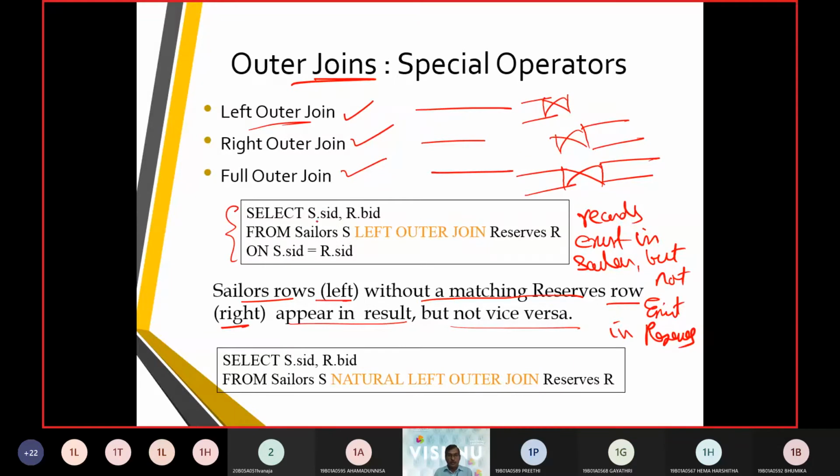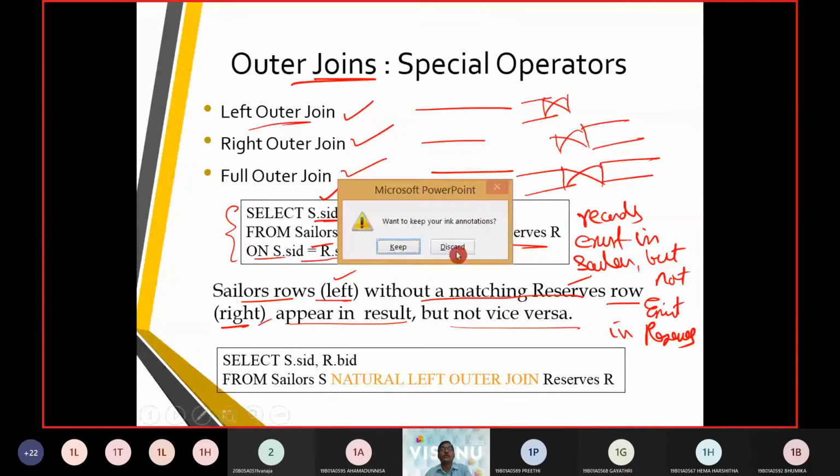So if I say select sailor ID, boat ID from Sailors left outer join Reserves on SID equals RID, Sailors records which have no matching record in Reserves will appear with nulls on the right side. So we will take it up as a left outer join.